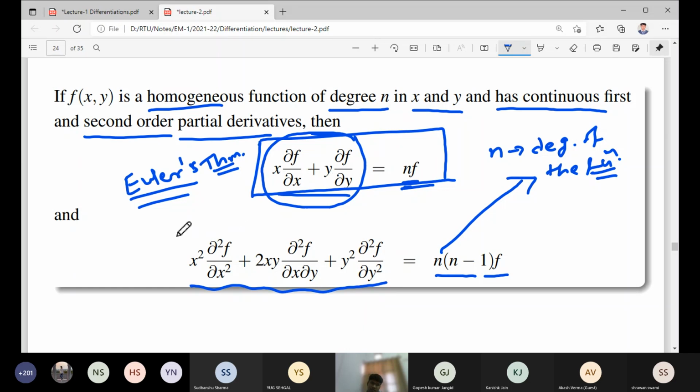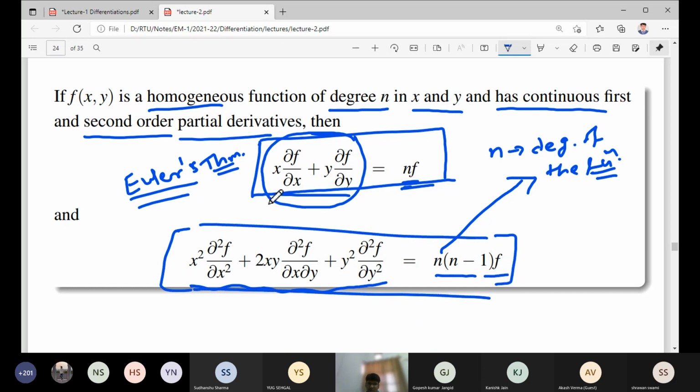Remember the statement of the theorem as well as these conditions. This is a very important theorem to find the relations given by left hand parts. Whenever you apply Euler's theorem, check whether your given function is homogeneous or not.